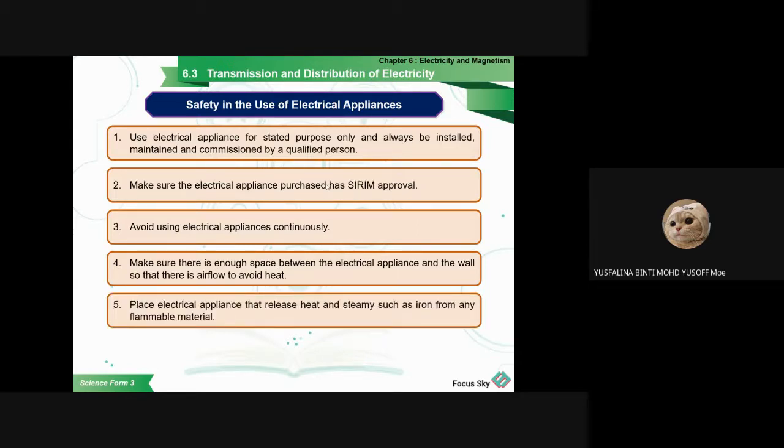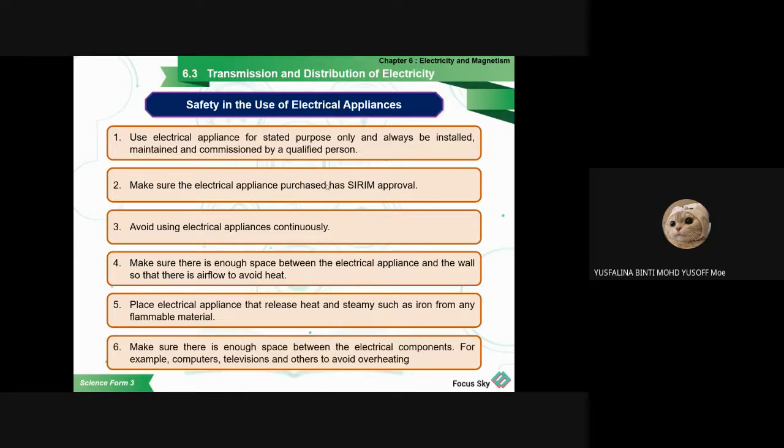Place electrical appliances that release heat and steam, such as an iron, away from any flammable material. And the last one, make sure there is enough space between electrical appliances, for example computer, television and others, to avoid overheating. So don't put your electrical appliances too close to each other. This will allow the heat to flow out.